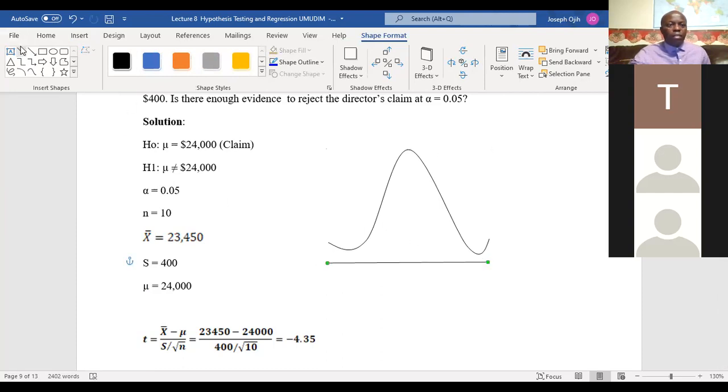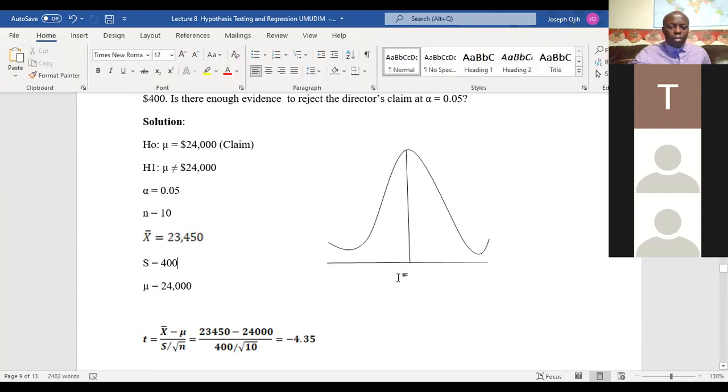We have this, and the middle, which is the zero up here, 0 here, and then okay, this is good enough. I think this is good enough. Now, okay, got it.